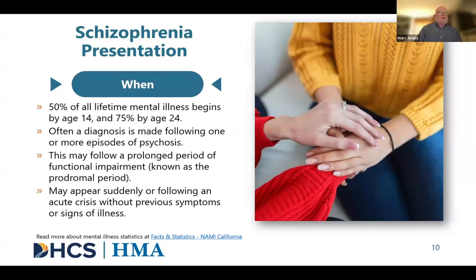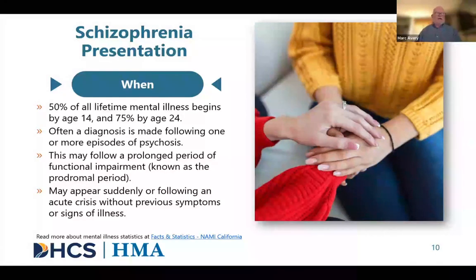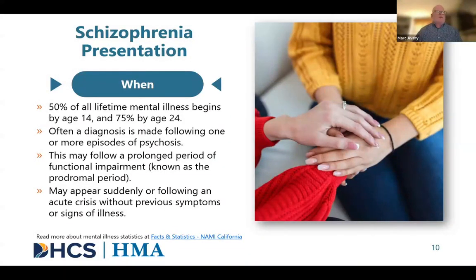The psychosis and eventual diagnosis of schizophrenia may appear suddenly without warning, as in Darren's case, or it could follow a prolonged period of nonspecific functional impairments, and this is known as a prodromal period. In other persons, someone may eventually be diagnosed with schizophrenia following what was thought to be another condition, such as bipolar disorder, depression, or something else.